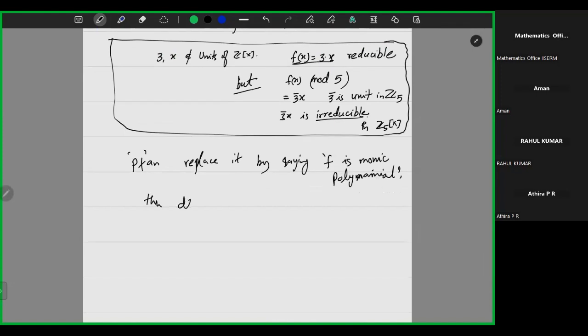Then the degree of G is bigger than or equal to 1, the degree of H is bigger than or equal to 1, and this is the same as the degree of H bar, and this is the same as the degree of G bar. Now it shows that F bar is also reducible.